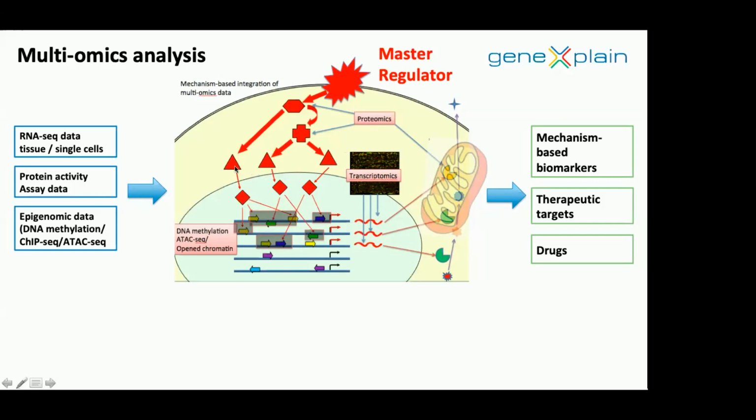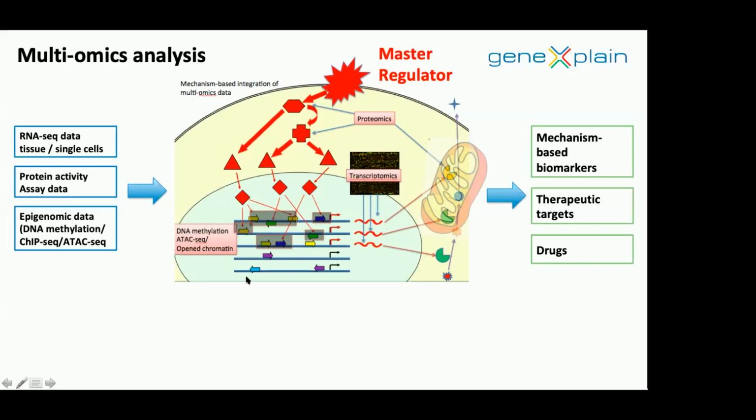Then the algorithm which searches for the master regulators makes its way through the network, giving priority to those proteins which are observed in the proteomics data. So that's how transcriptomics and proteomics are integrated.